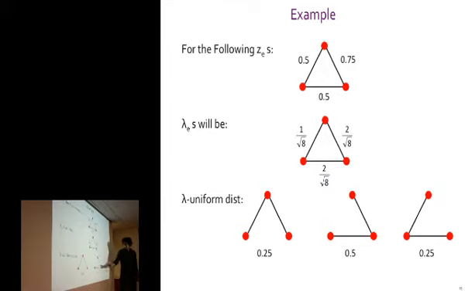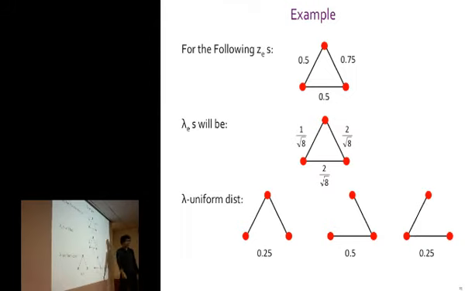I remove each of the edges. Now, what is the probability of this tree? It's 1 over square root 8 times 2 over square root 8, which is 1/4. This one is 2 over square root 8 times 2 over square root 8, which is 4 over 8, so 1/2. And this one is again 2 over 8, so 1/4.